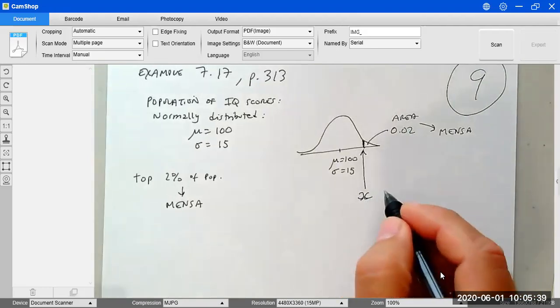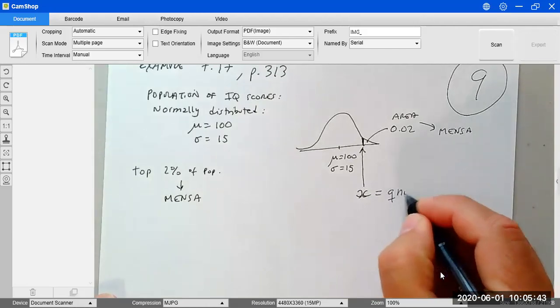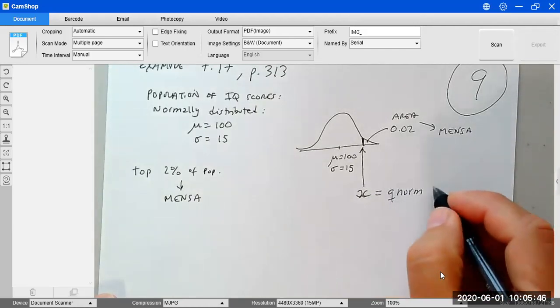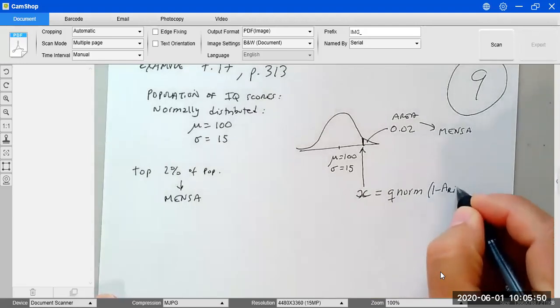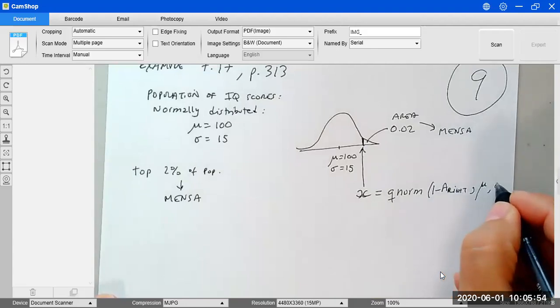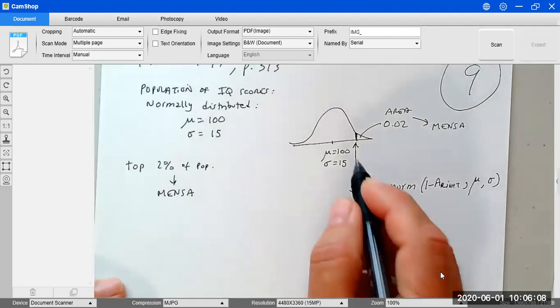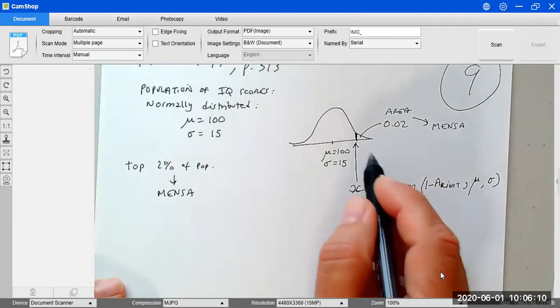We already have a formula. We know that it's going to be qnorm of 1 minus the area to the right, and we're going to need to provide the mean and the standard deviation. So that's one way to do the problem. If you already took this class before, you're going to need to use the z-score. So we're going to follow a different route.